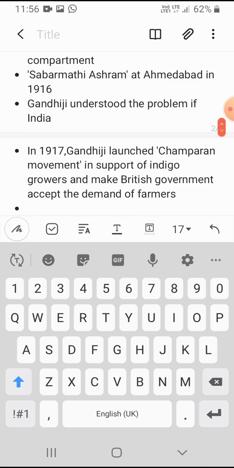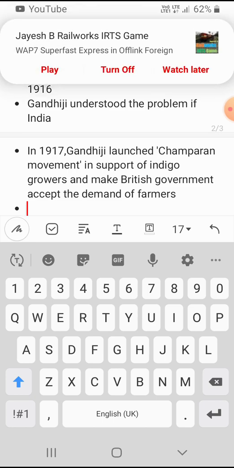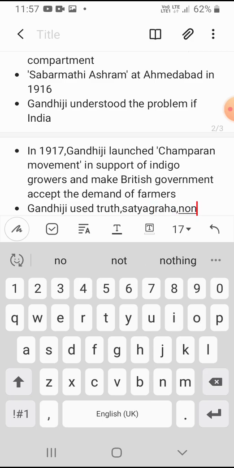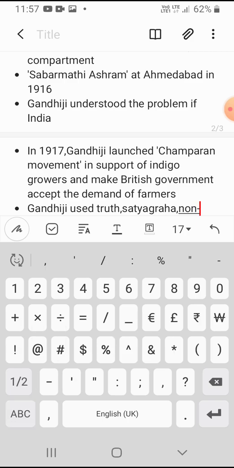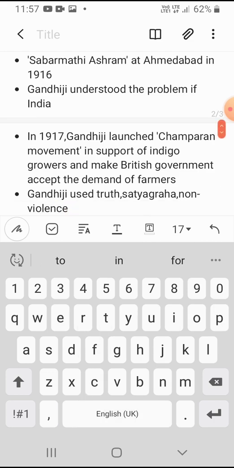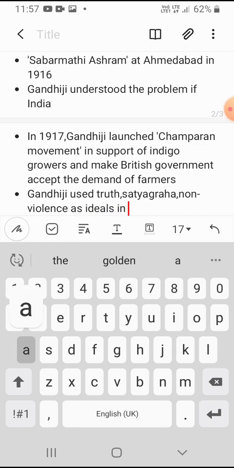Gandhiji used truth, satyagraha and non-violence as ideals in all movements.